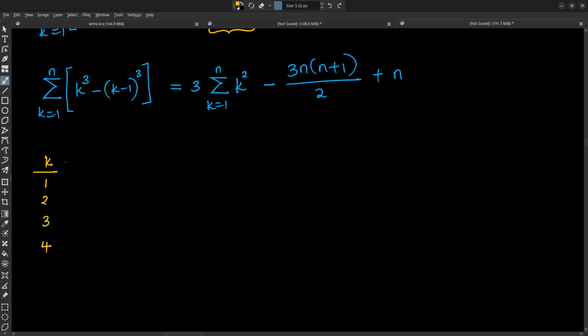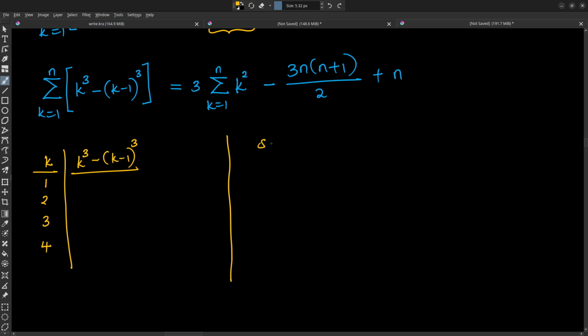Nice. So that's that. On this other column, we are going to calculate the value of the inner expression, k cubed minus k minus 1 cubed, right? And then finally, after all that, we are going to find the summation.